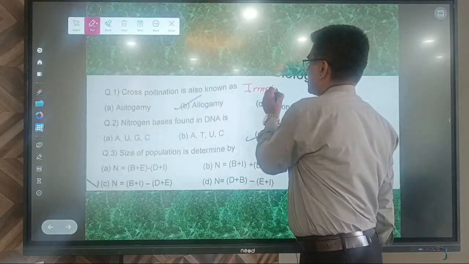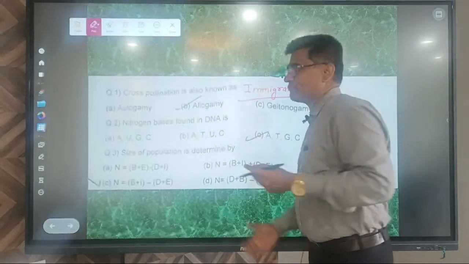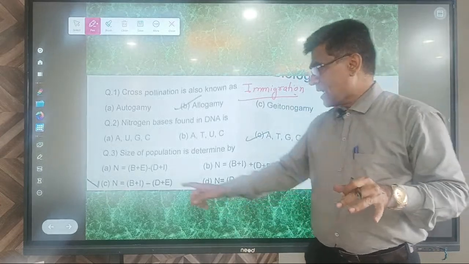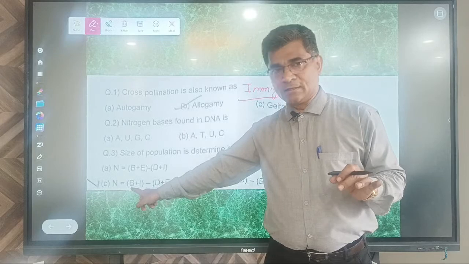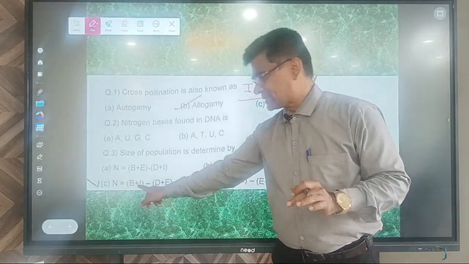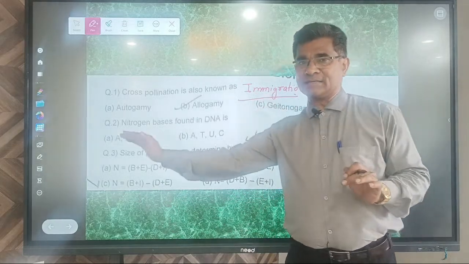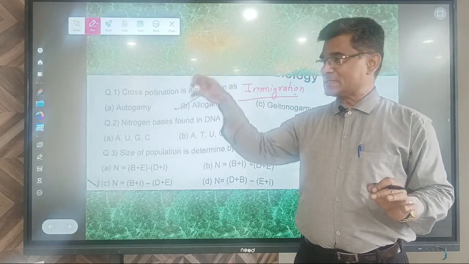Immigration means how many people are coming and staying in a particular area. For example, for Ahmednagar, how many people are born in Ahmednagar will be part and parcel of the city, plus how many have immigrated, meaning they have come from different places to Ahmednagar.